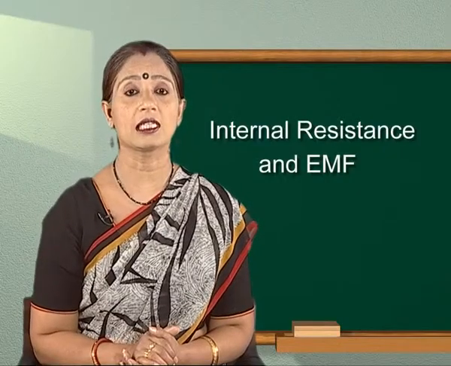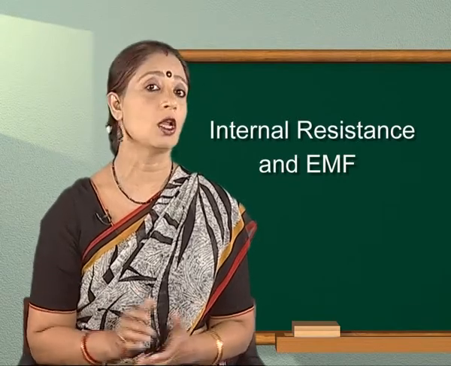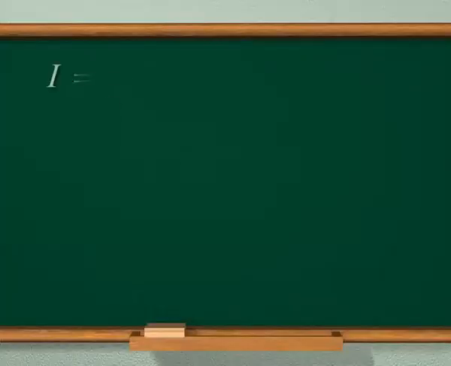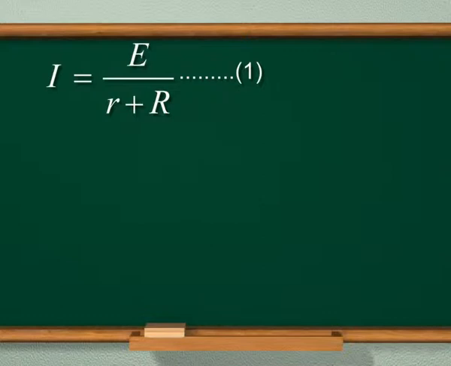Now, total resistance of the circuit is equal to capital R plus small r. Magnitude of the current I is equal to E upon R plus r. Let this relation be called equation 1, whereas the potential difference across external resistance R is V equal to I into R. It is found that the reading of voltmeter capital V now is less than the EMF E. Here, capital V is the terminal potential difference of the cell.